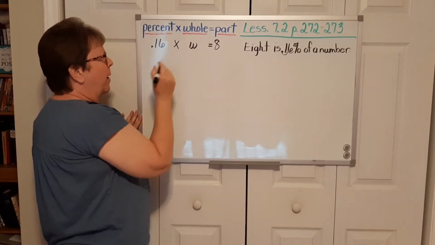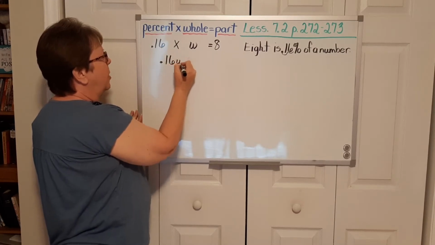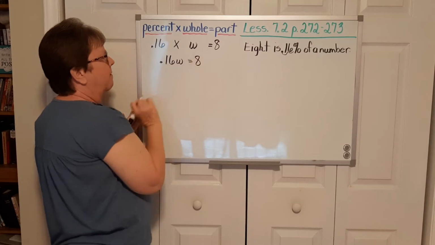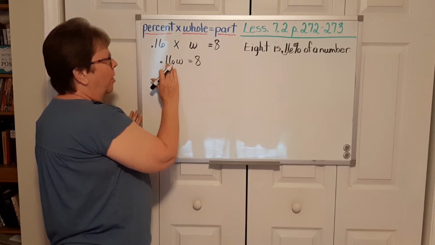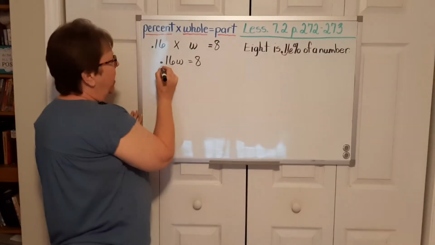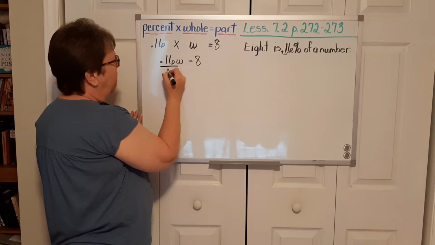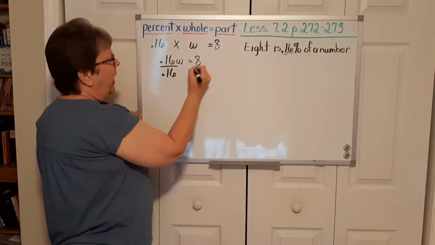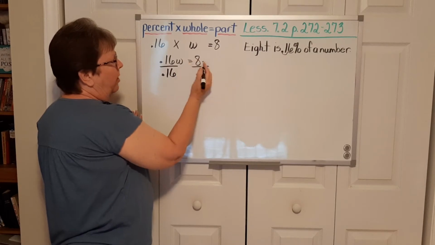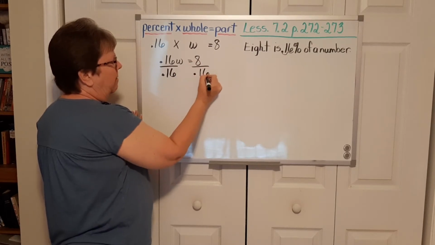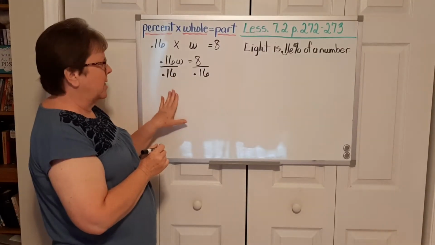And if you remember correctly, this is the same as 0.16W equals 8. So to undo our multiplication here, we've got to divide. This is review. We're going to divide by 0.16, and then we'll divide on the right side of the equal sign by 0.16, because you remember our goal is to get our W on this side by itself.